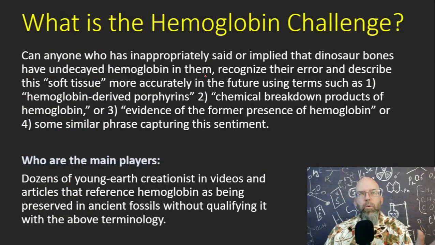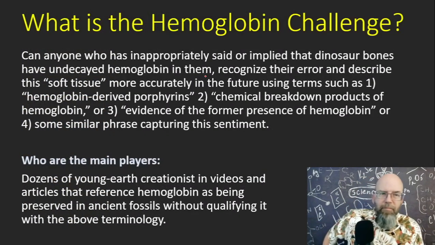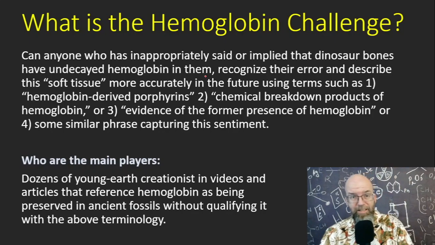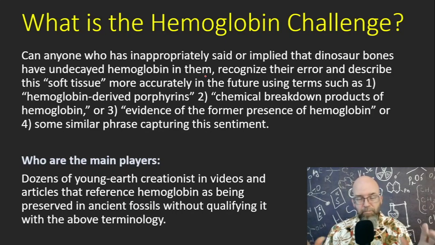All right, so what is the hemoglobin challenge? The hemoglobin challenge is this. Many creationists have inappropriately described hemoglobin, said or implied that dinosaur bones have undecayed hemoglobin in them. And by undecayed, I mean if they just say there's hemoglobin there, they're implying it's not decayed, right?